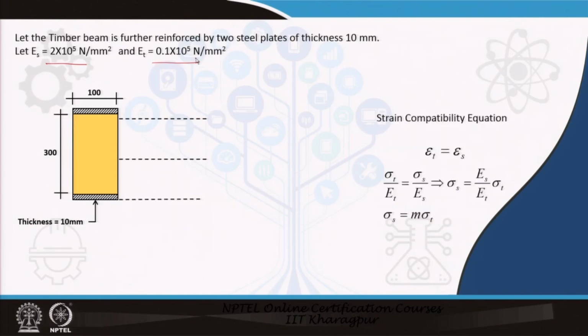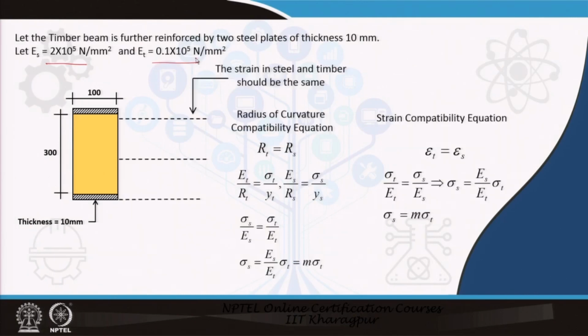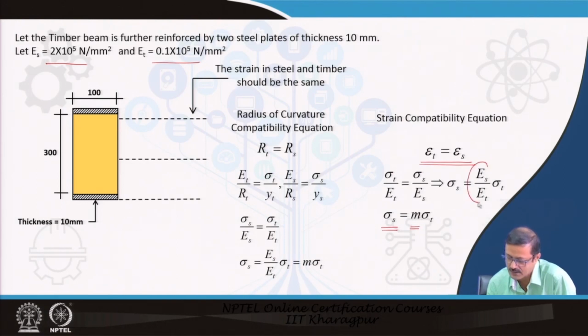So, what is going to happen is that there will be two compatibility conditions at this point where there is a meet. In this particular point there is a strain compatibility. In the strain compatibility, the strain has to be equal, and from this strain compatibility we may say that the stress in steel must be equal to m, the modular ratio, times sigma t.